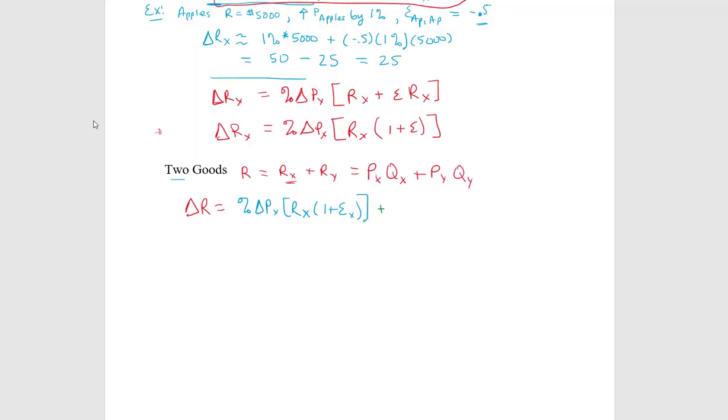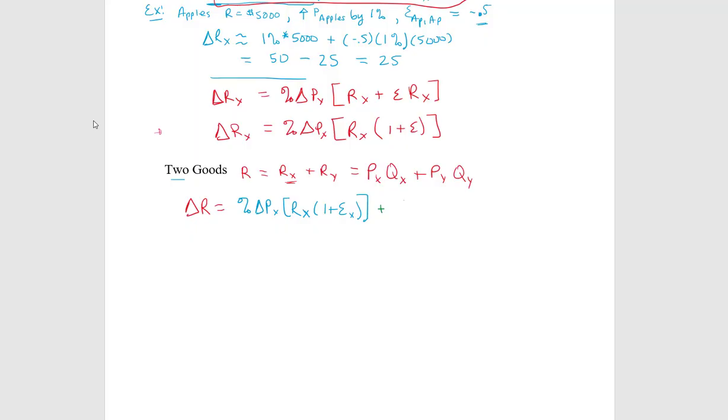Well, the price of X is going to impact the quantity of Y. It won't directly impact the price of Y, but it'll directly impact the quantity of Y because consumers will substitute away from or towards a good depending on the price of related goods.